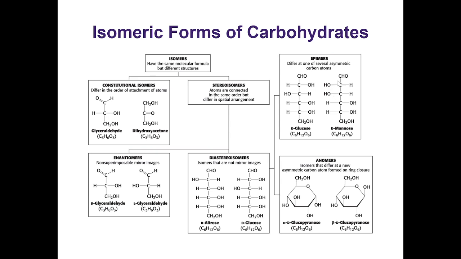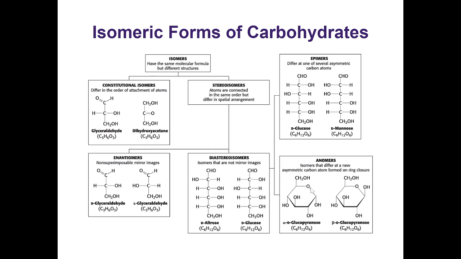So that one of the groups has been changed right here. The other group has not changed from the glucose. You see that? Okay. And so only one of the groups has changed, and you've changed it at one of several asymmetric carbon atoms, these being the asymmetric carbon atoms right here. And so that is an epimer.